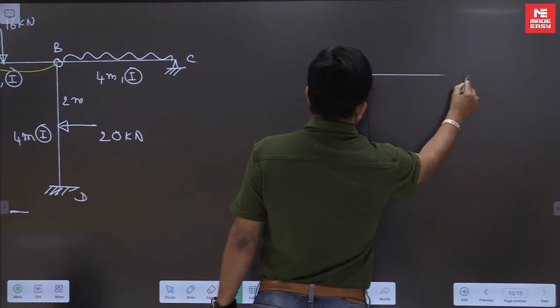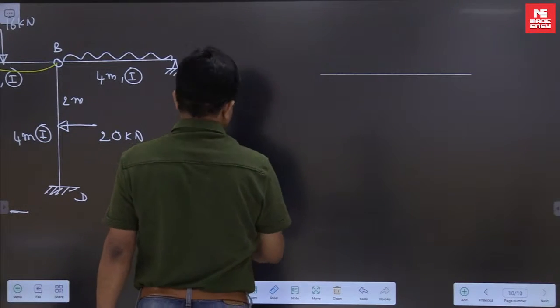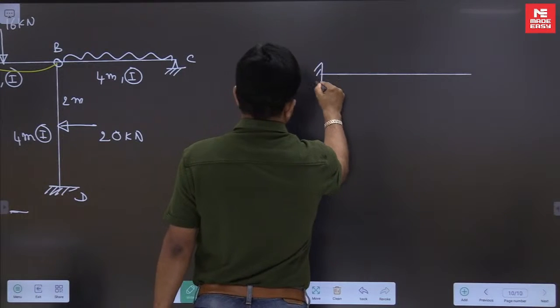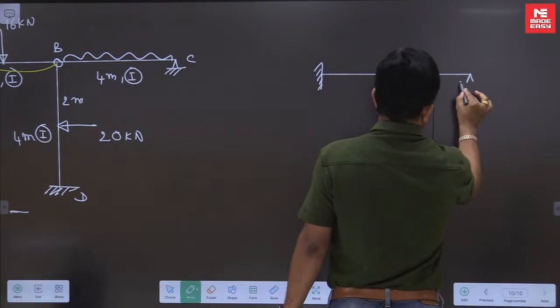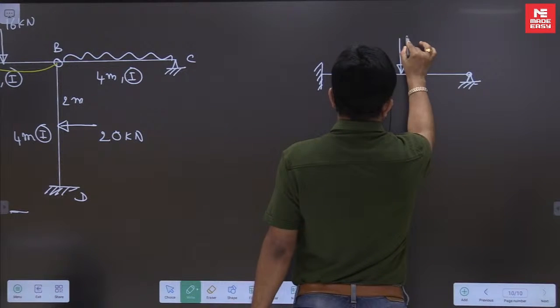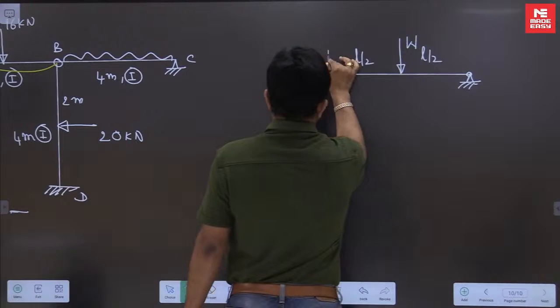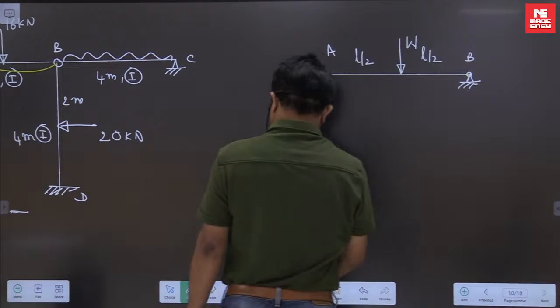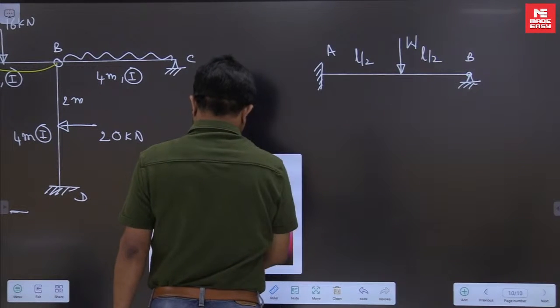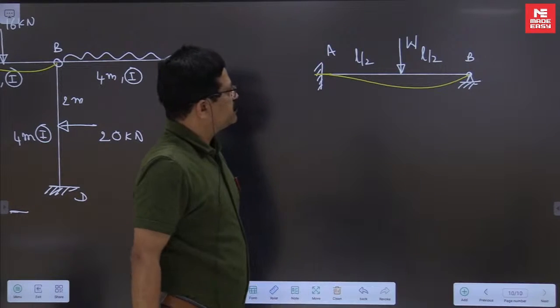Okay, this is what we have learnt. You apply some load W, let us say at L by 2, L by 2, A, B. This profile is like this.